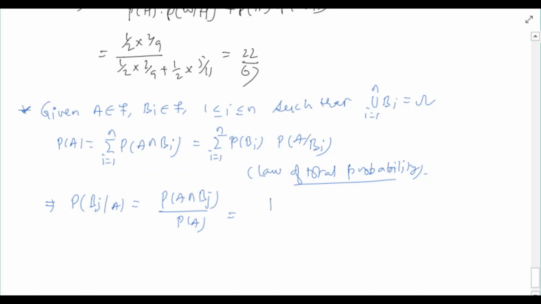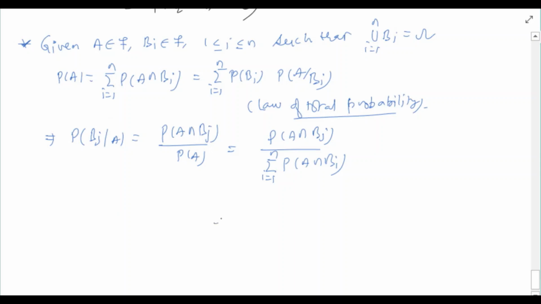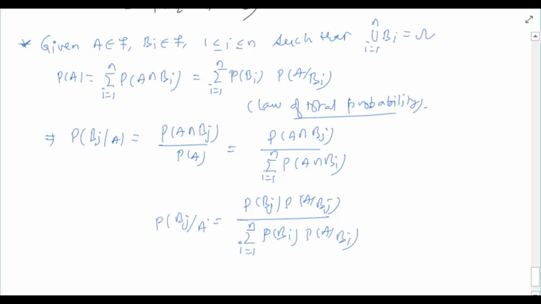This in turn is equal to probability of A intersection Bj divided by summation i equal to 1 to n probability of A intersection Bi, which in turn can be written as probability of Bj times probability of A given Bj divided by summation over i equal to 1 to n probability of Bi times probability of A given Bi. This equality is generalization of Bayes rule to more than two events.